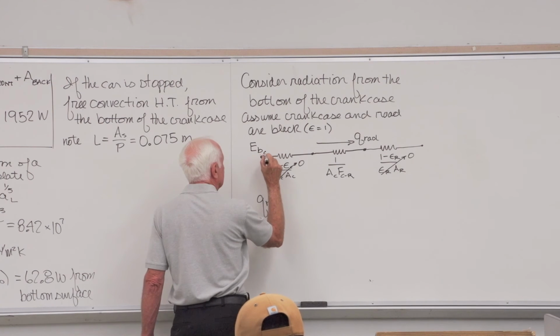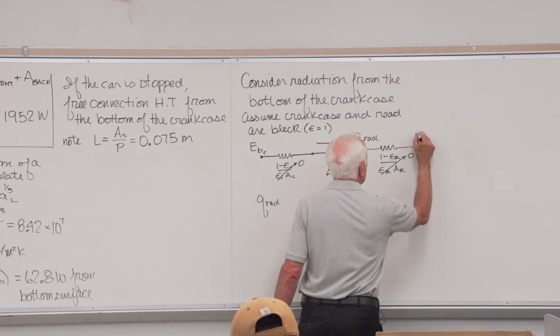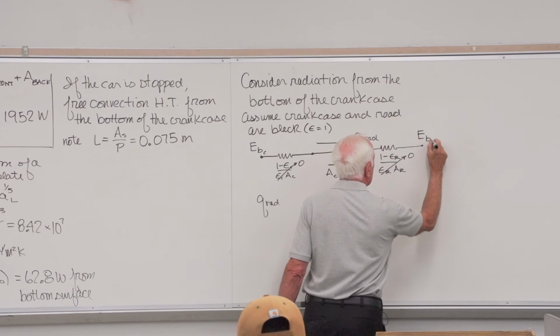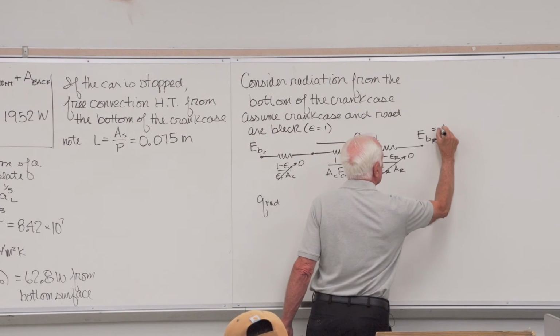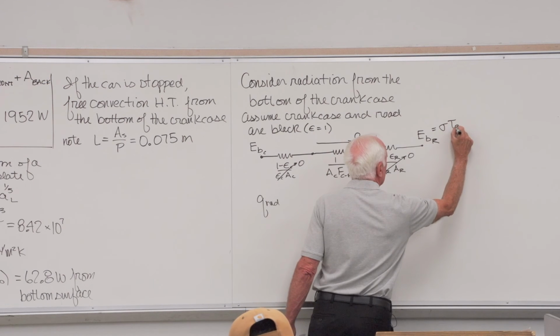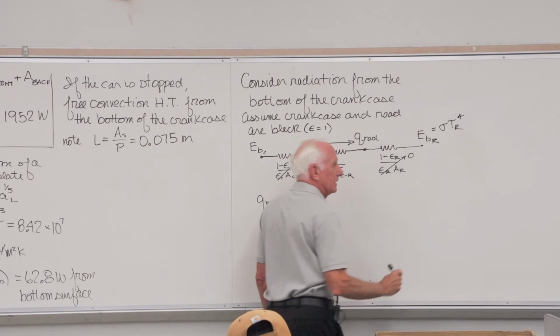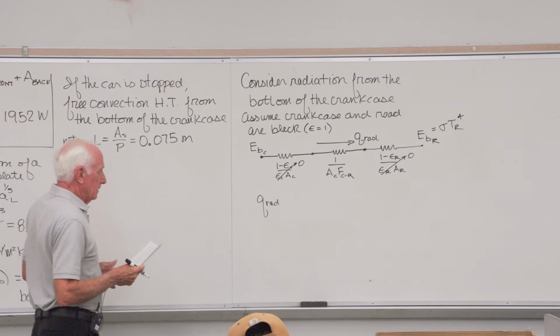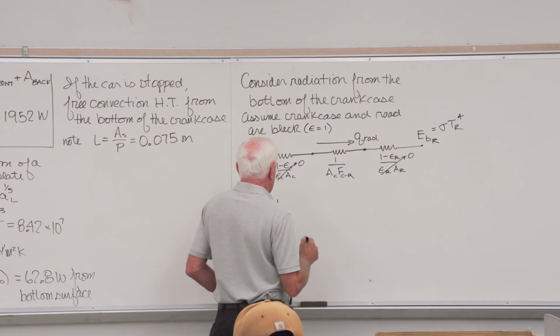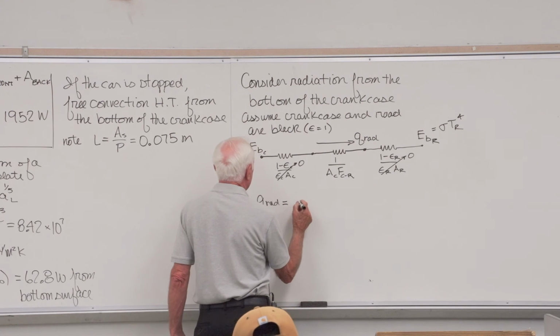This is E_b, the emissive power of the black surface of the road: sigma T_road to the 4th power, absolute. Everything's absolute in chapter 13. Okay, got it.